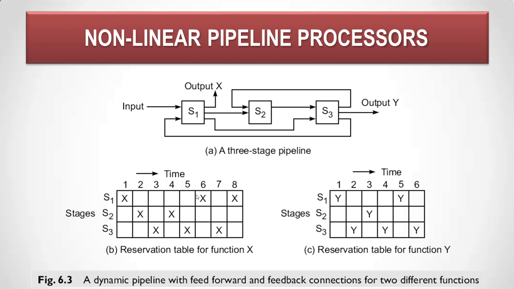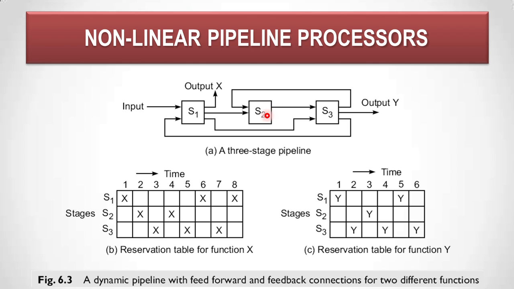So this is a three-stage non-linear pipeline. If you observe here, we have an input and stages S1, S2 and S3, all connected, but we also have feed forward as well as feedback connections.